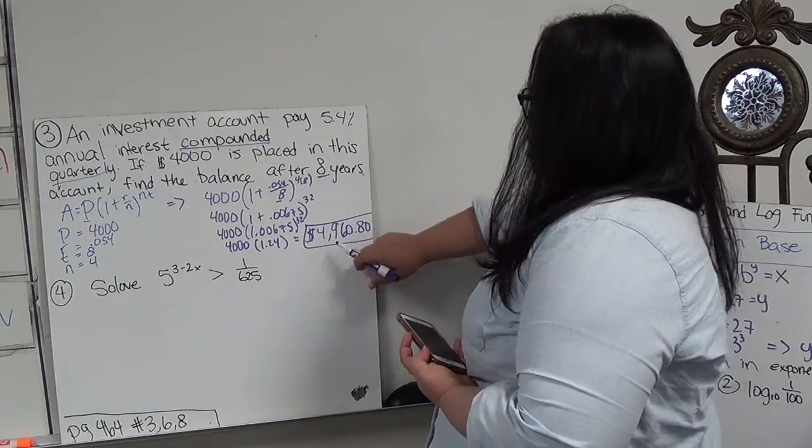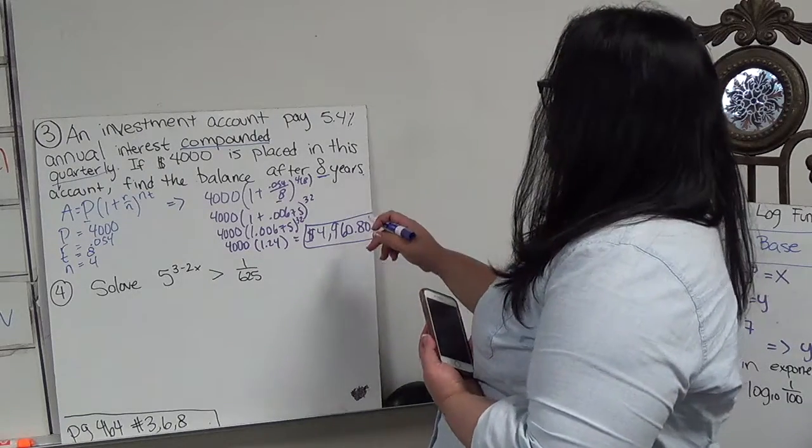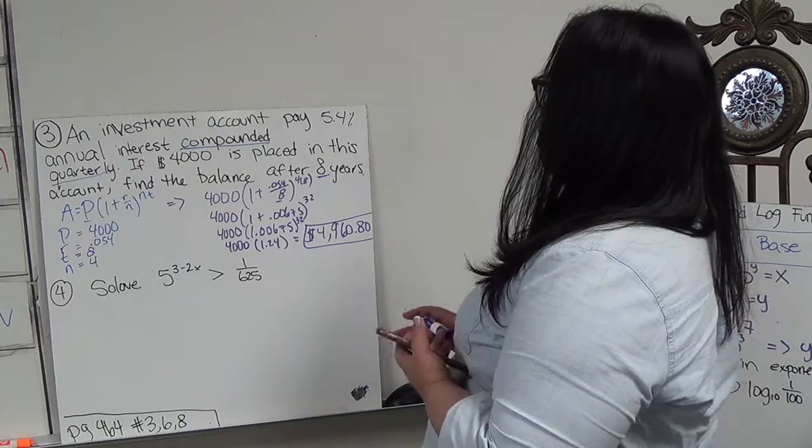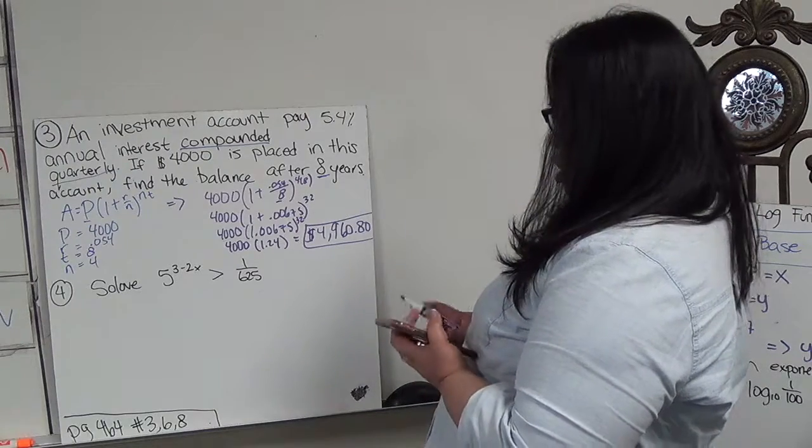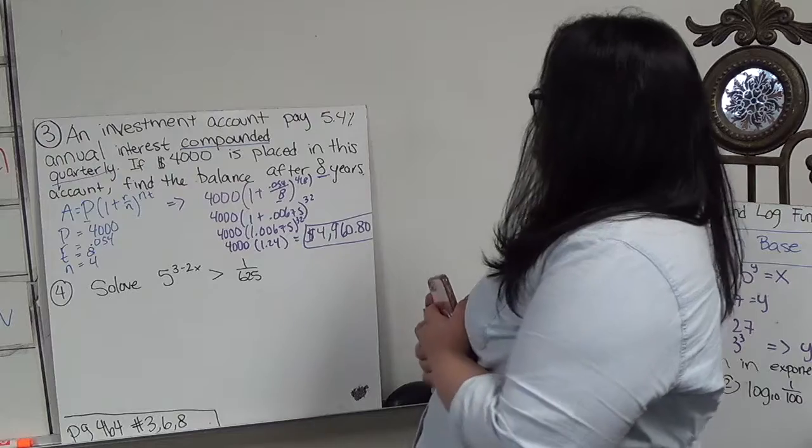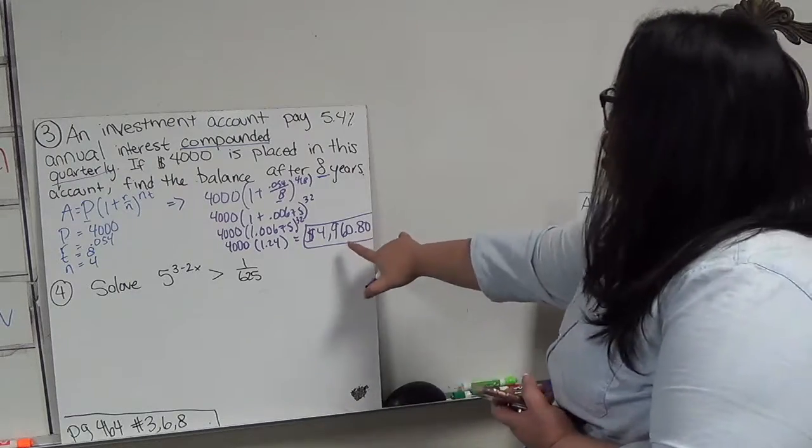So that means this is how much I would end up with after 8 years if the account gives me 5.4%. Which 5.4% is kind of on the low end, but you would be making close to $1,000.